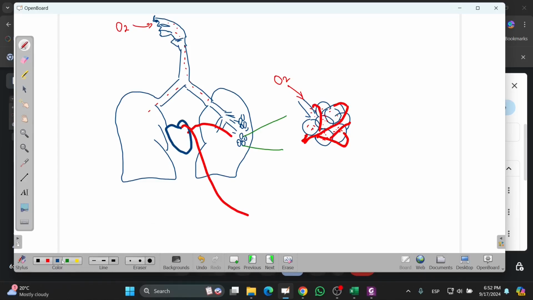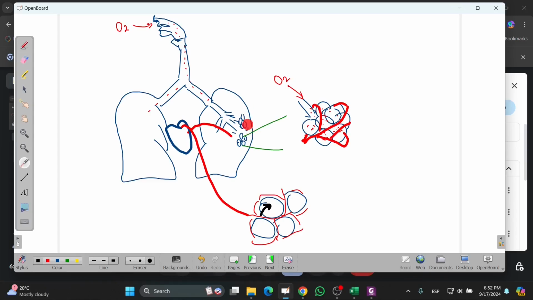And that blood will take oxygen to your cells. See how interesting this is? So cells will be surrounded by blood capillaries and oxygen will diffuse from the blood into the cells. So there we have the diffusion of oxygen.